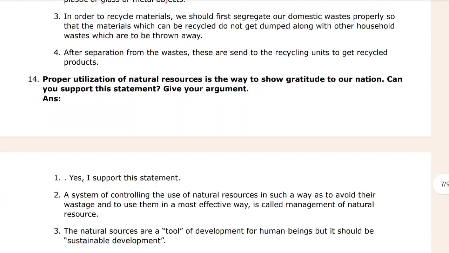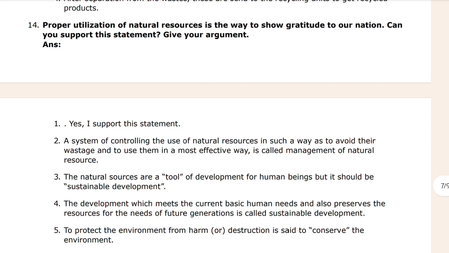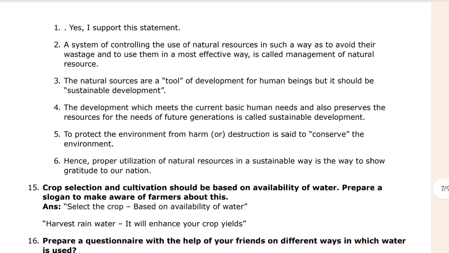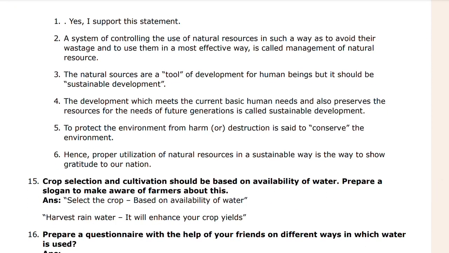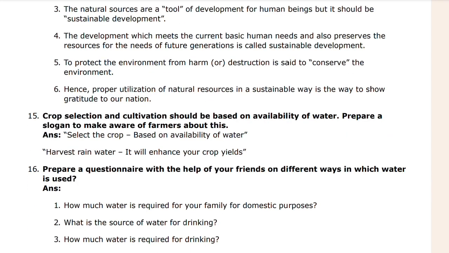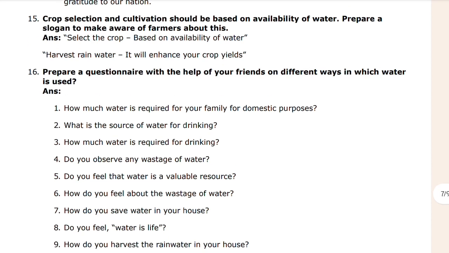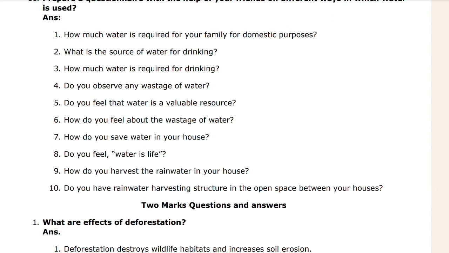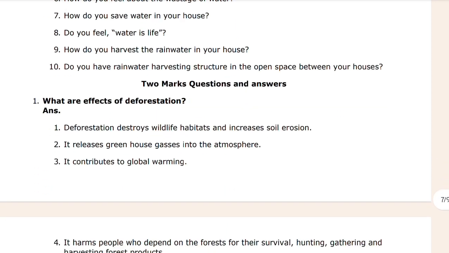Right, then here you can see crop selected, and this is the cultivation. Okay, so then after that you can see.